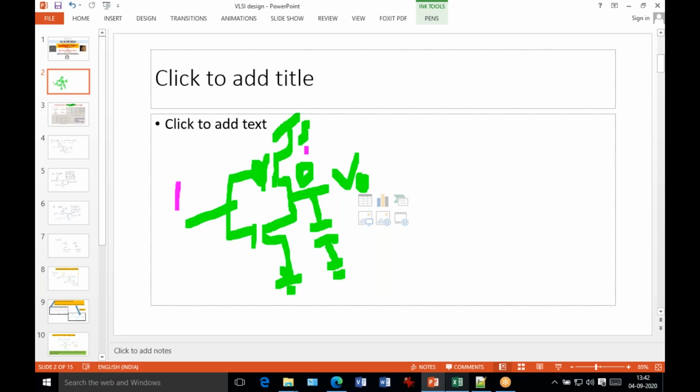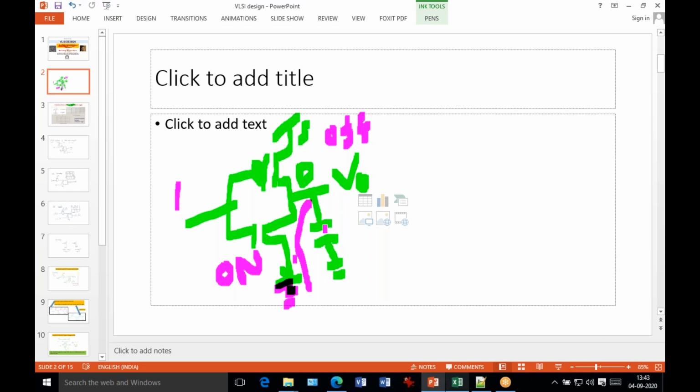If the input is 1, your PMOS is off and the NMOS transistor is on. This path is stabilized from ground. So in case 2, your capacitor is going to be discharged.